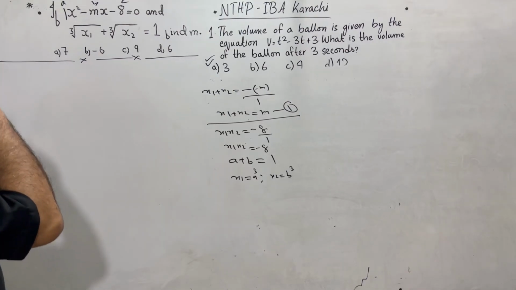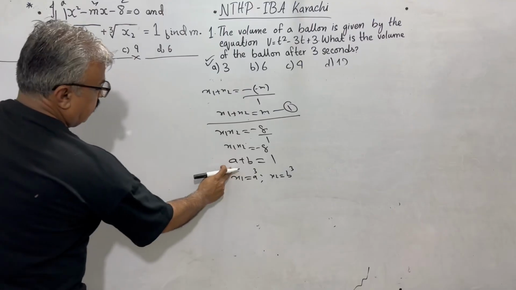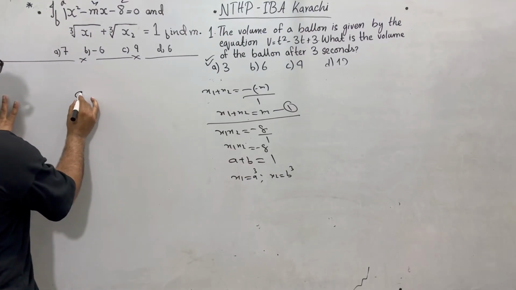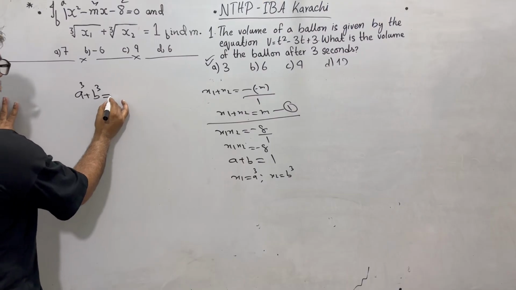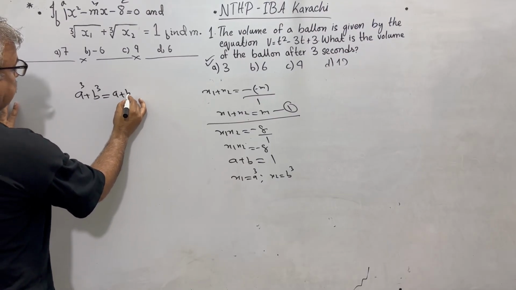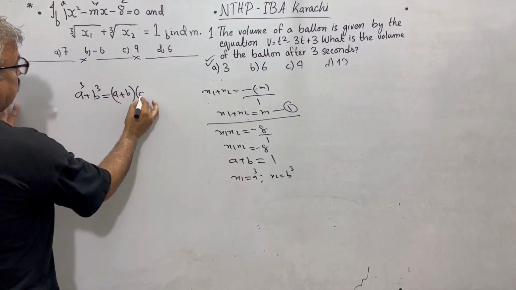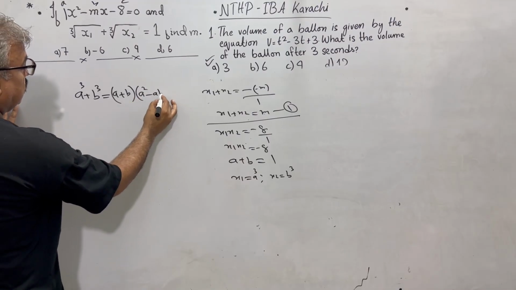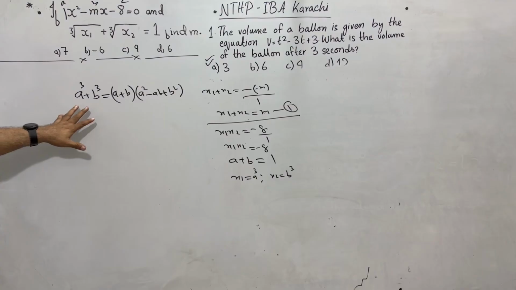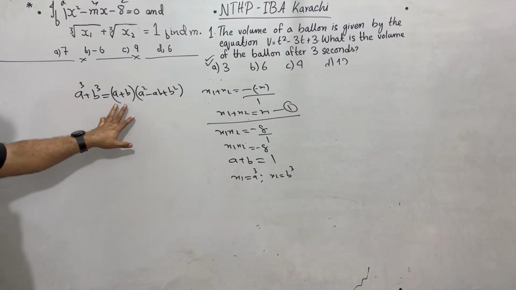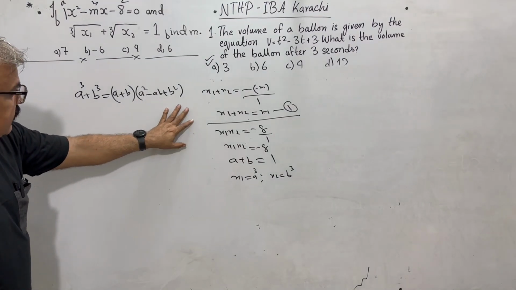What we have, a plus b. If I take a cube plus b cube, it can be written as a plus b times a square minus ab plus b square.